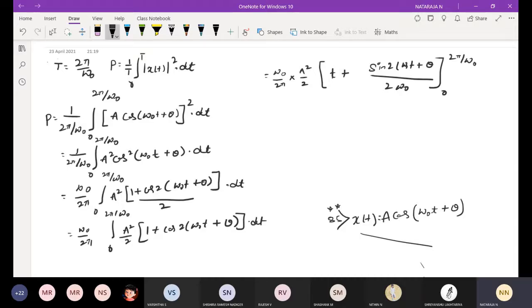Is this correct? The whole sine term becomes 0. Just apply the limits for t.